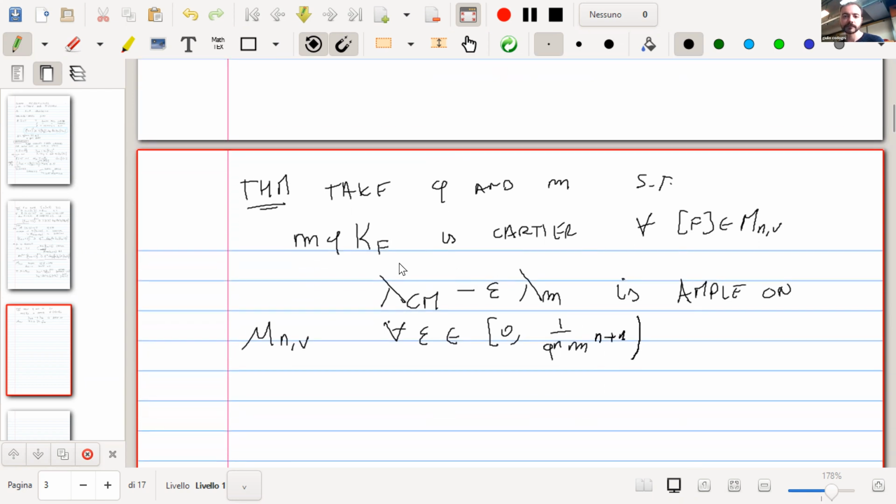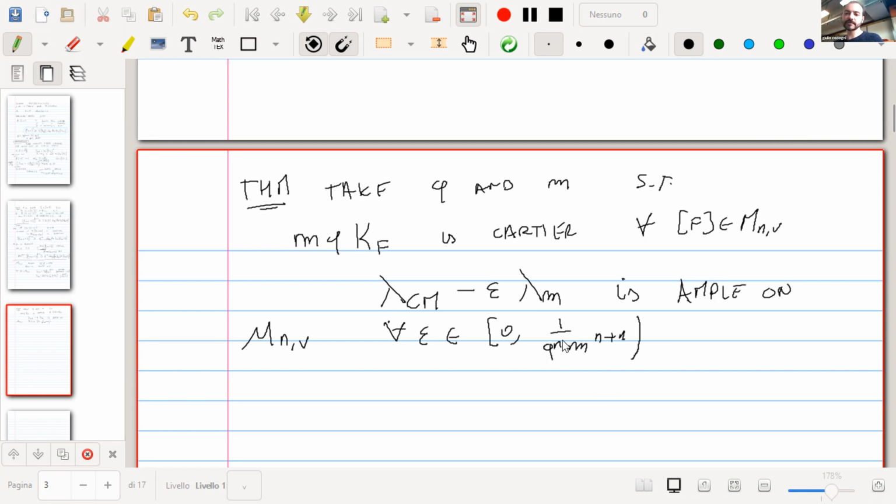So we also have variants about this. I will show you some variants in a second, but let's look at it first. It gives you a portion of the ample cone. So lambda_CM, you want to think of it as a line bundle, which might be on the boundary of the ample cone, and it says how much you can subtract of lambda_m from the same line bundle to remain in the ample cone.